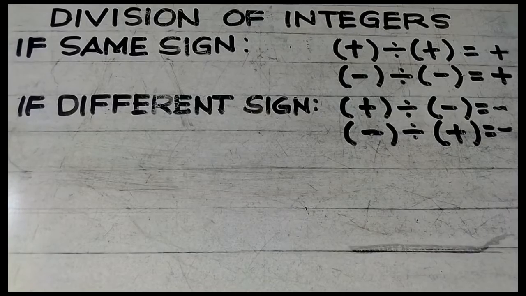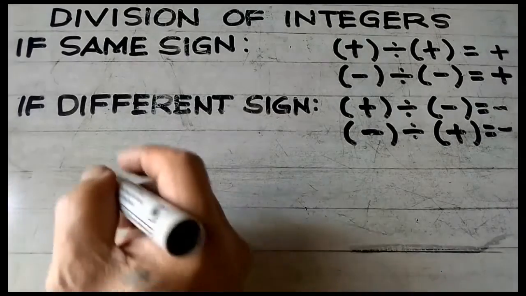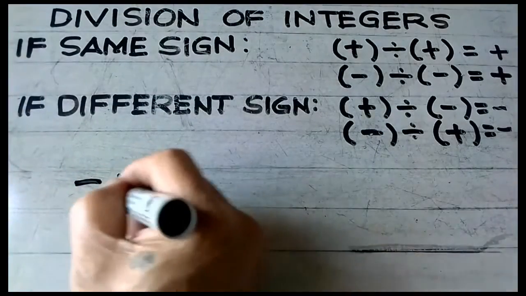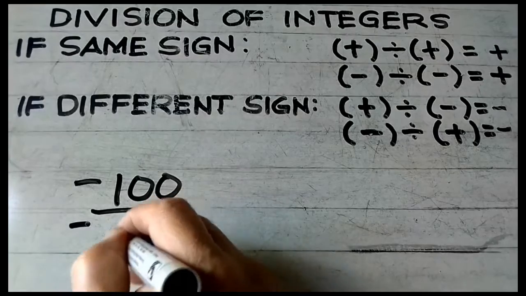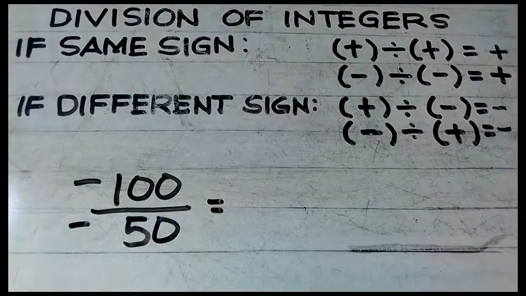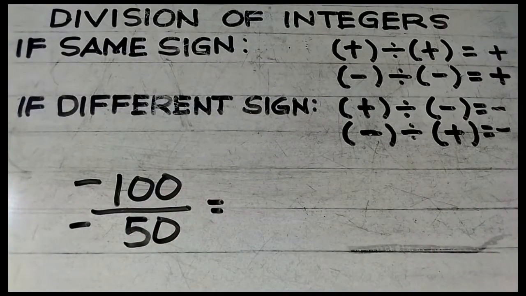Negative 100 divided by negative 50. And that would be positive 2.